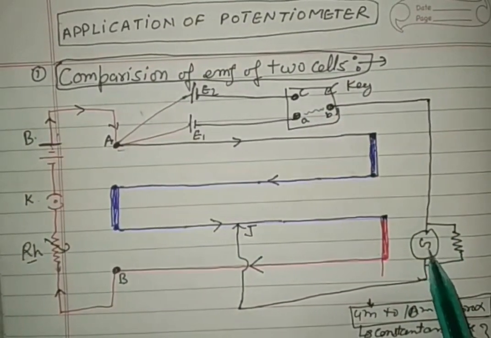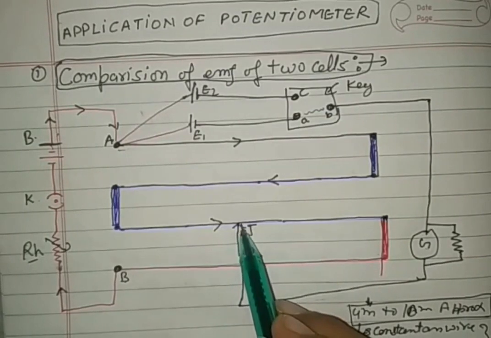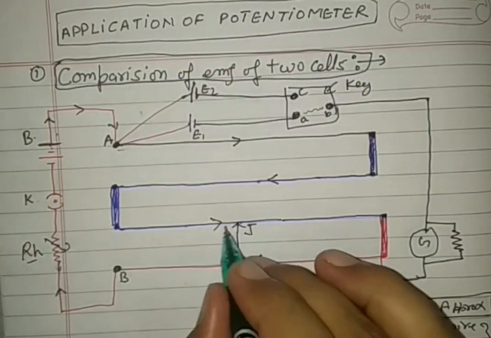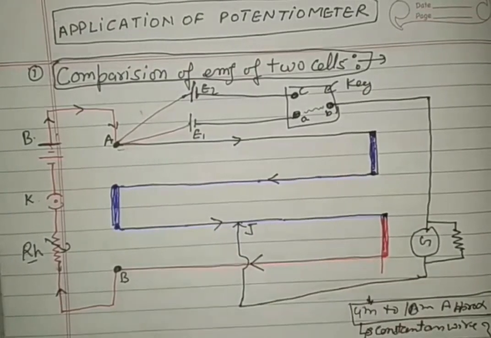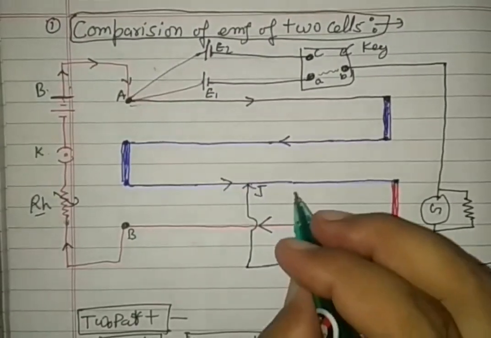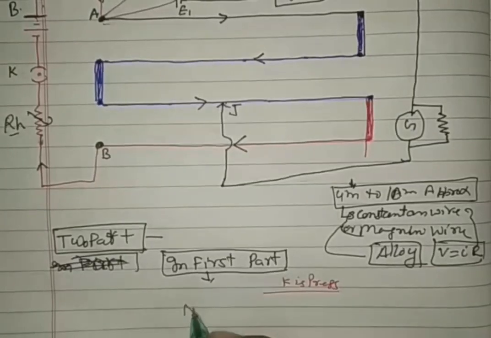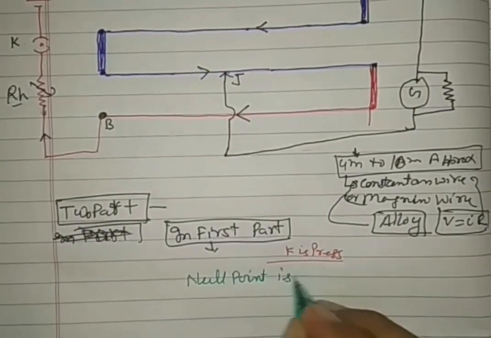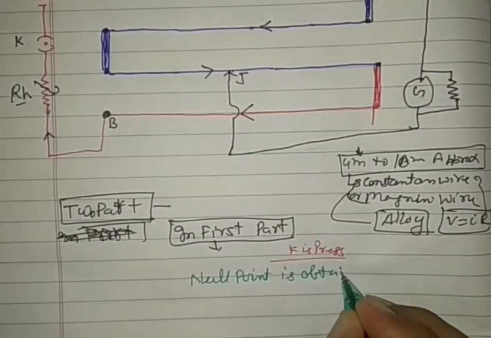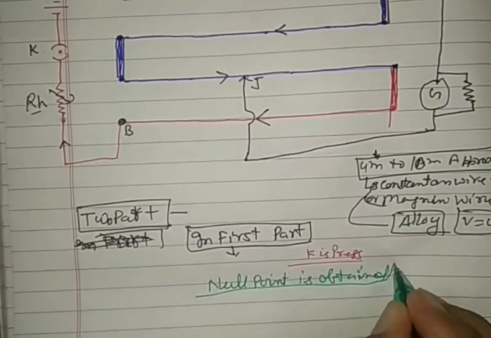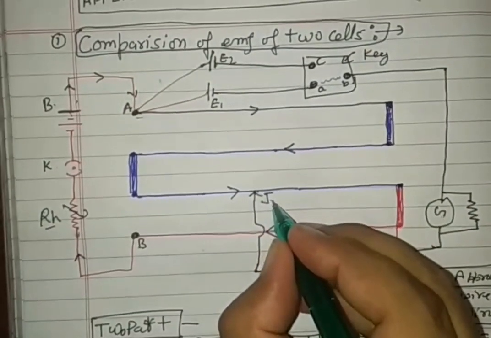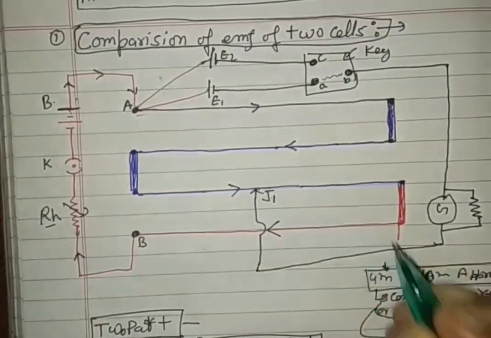Now passing through the galvanometer it comes into the jockey. The jockey slides over the potentiometer wire and a null point is obtained. Let this null point be obtained at point J1.